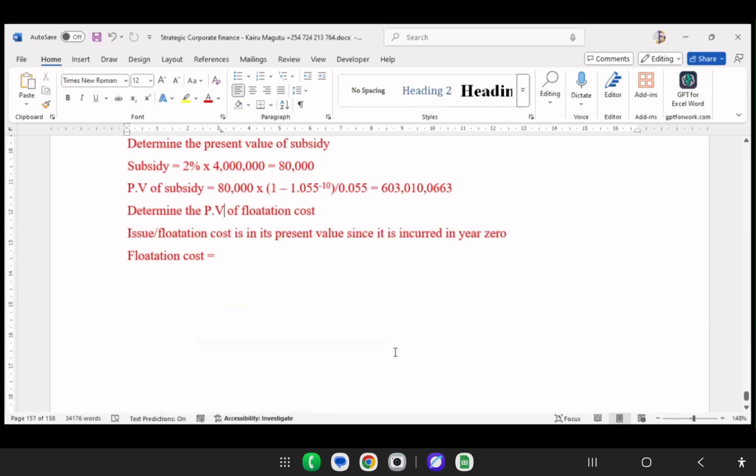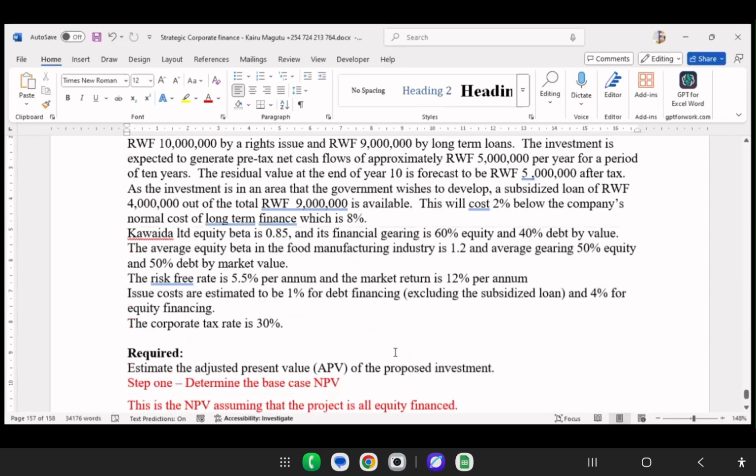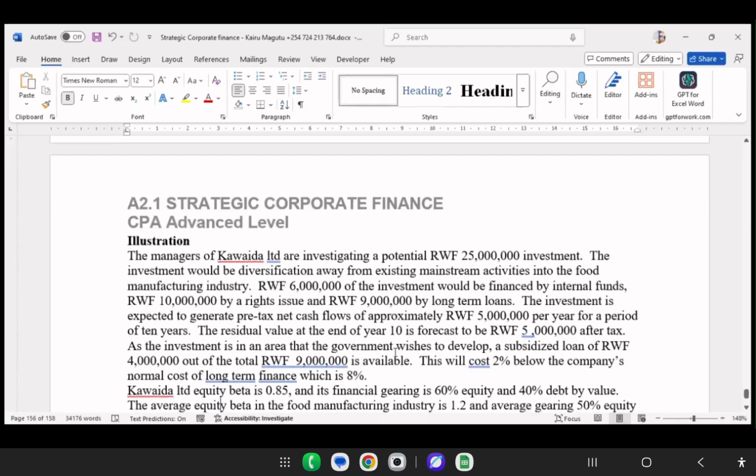From what we have in the question, we are told that issue costs are estimated to be 1% for debt finance, excluding the subsidized loan, and 4% for equity. In the question, we are told that 6 million of the investment would be financed internally, that is equity, 10 million by rights issue, that is equity, and 9 million by long-term finance.